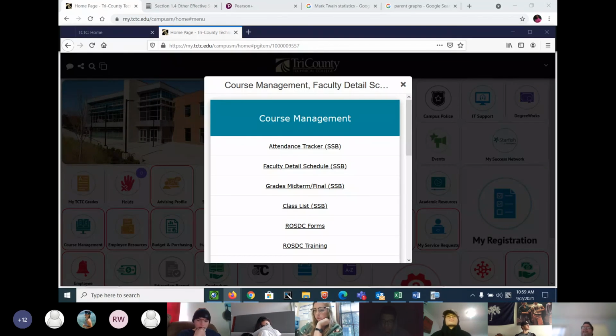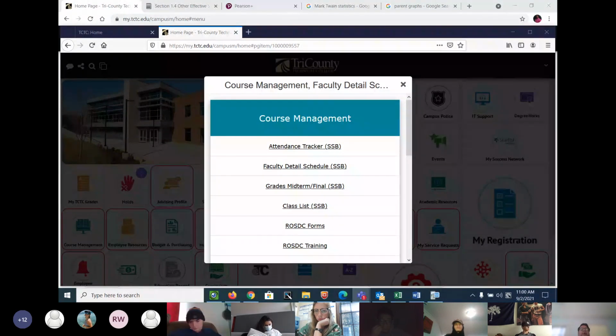Rodriguez, Stevens, and Terry. And then Turner, Wallace, Wiggins. And then Willie and Wilson. Okay, I got that.